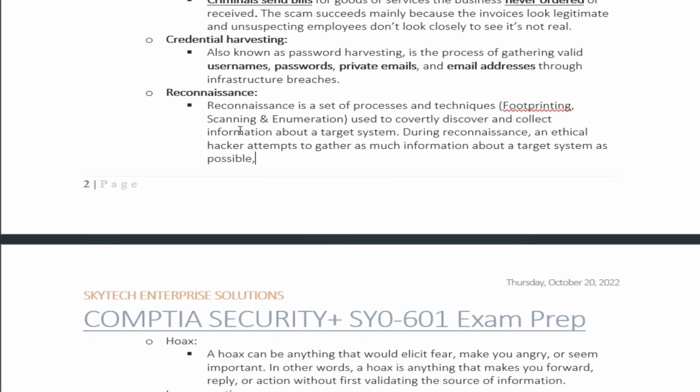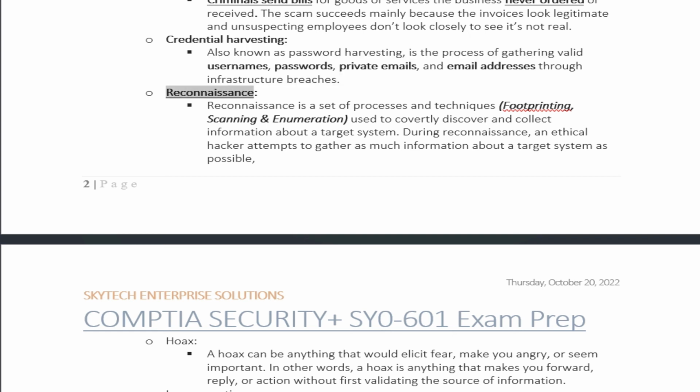All right. Reconnaissance is a set of processes and techniques used to covertly discover and collect information about a target system. During reconnaissance, an ethical hacker attempts to gather as much information about a target system as possible. Reconnaissance is really a cool term.